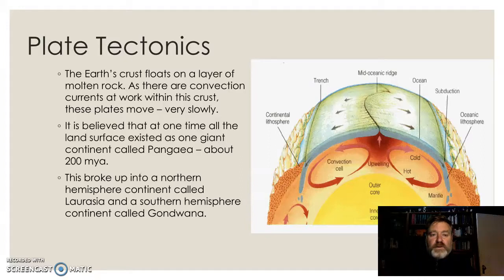So there was one point in time when there was just one landmass and most of the planet was ocean. So Pangaea started to break up about 200 million years ago, and it broke up into 2 sections called Laurasia and Gondwana. And Laurasia was basically the northern hemisphere and Gondwana was the southern hemisphere. And we're on an ancient Gondwanan continent.